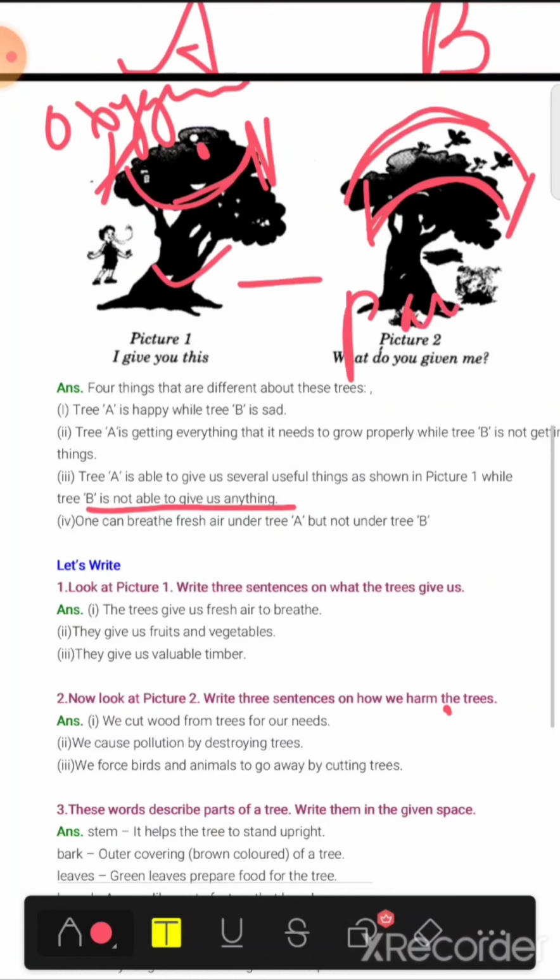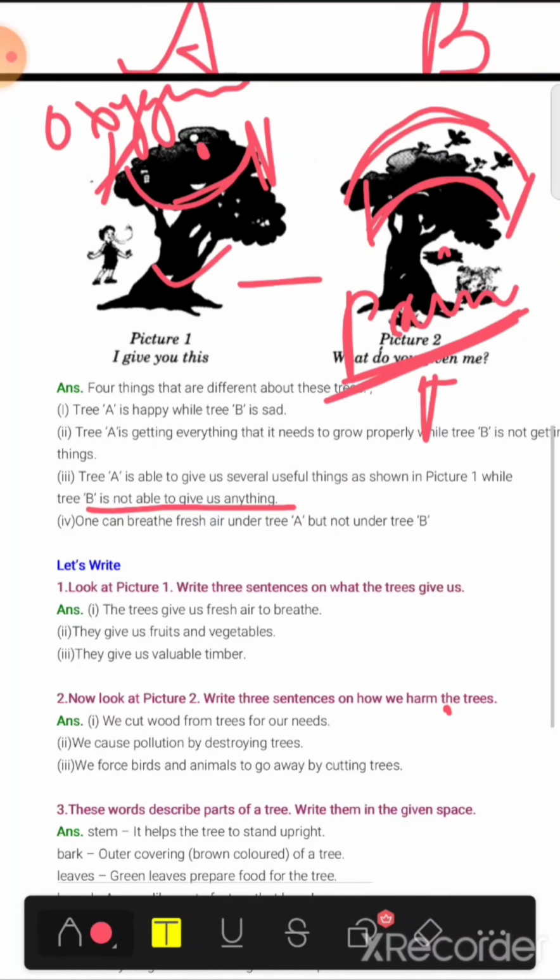Why is this tree in pain? Because we didn't care about this tree. We throw useless things, waste material, we didn't give water to it, we spoil the environment, and we cut the branches of this tree. So in this way tree B is in pain.